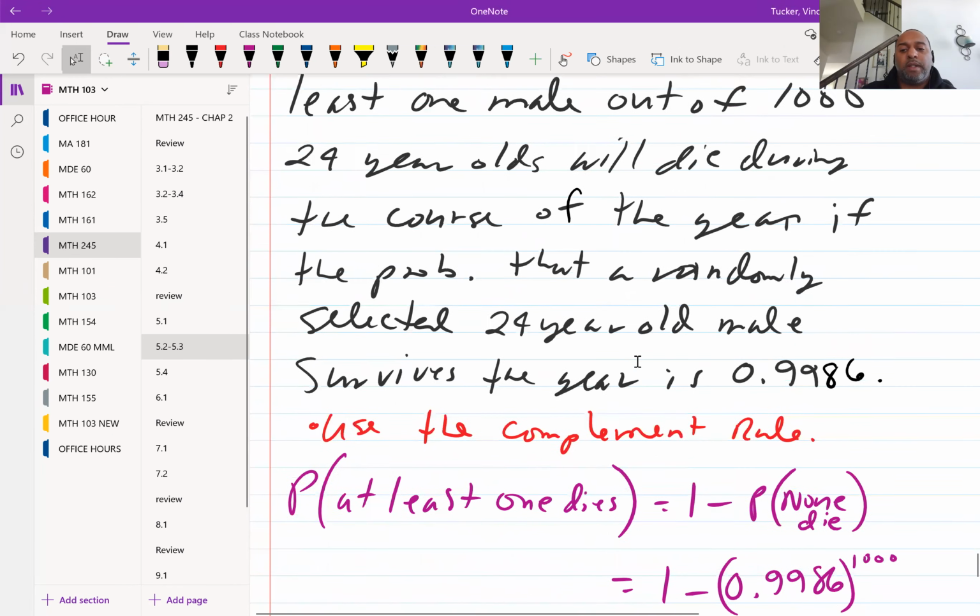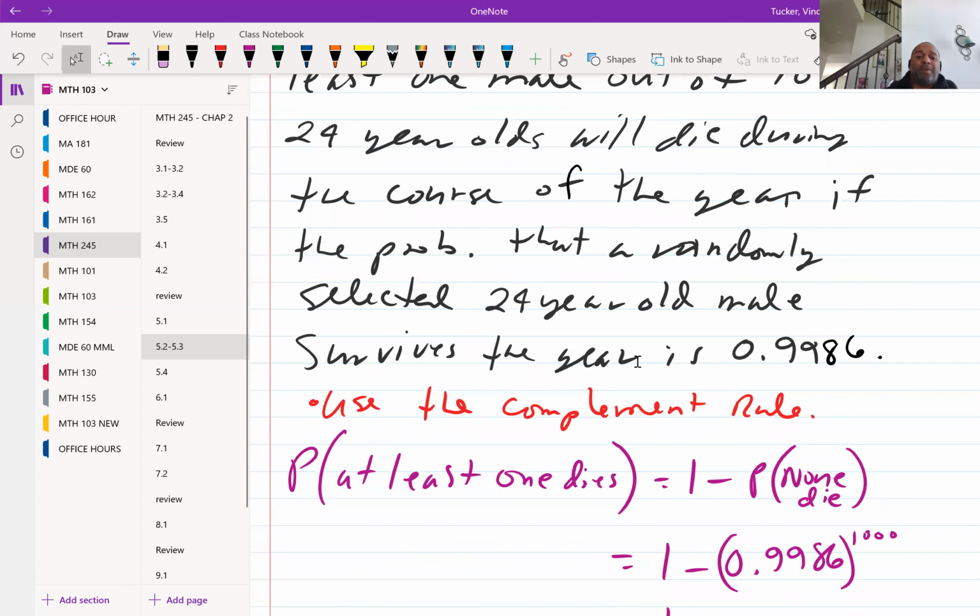At least one dies means one dies, maybe two die, three die, four die, all the way up to all of them dying are part of that probability. So we take the probability that none die and subtract that from one. And that will be our answer.